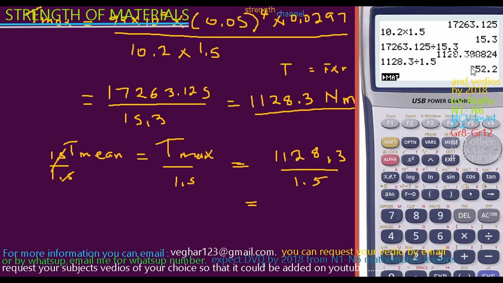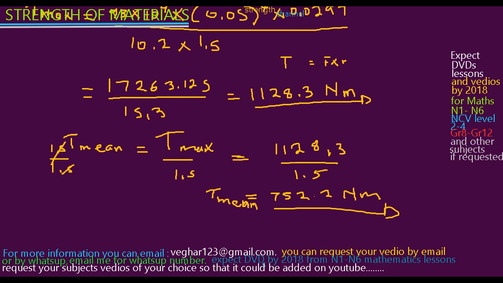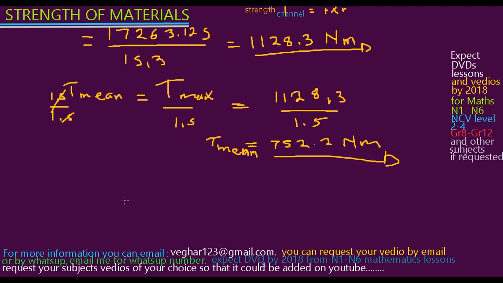And then you'll have what? 752.2 meter. So this is your mean. Now you can calculate your power. So you have to know the equation of power. This is your mean. Then you're still going to calculate the power.